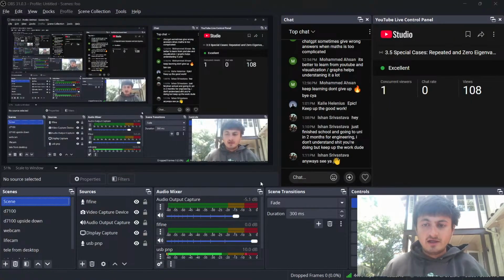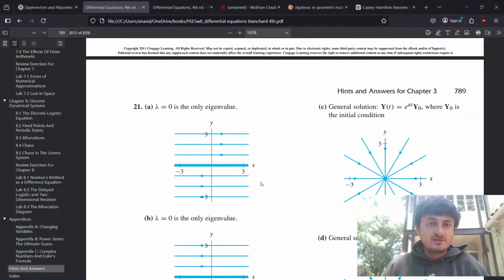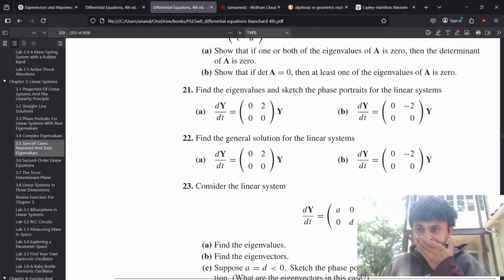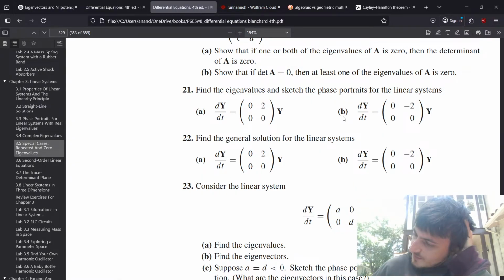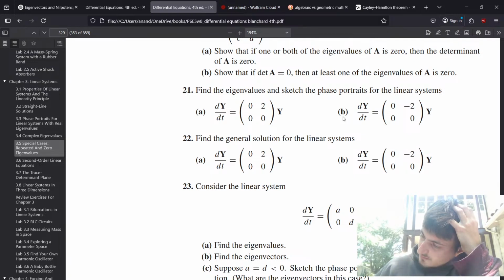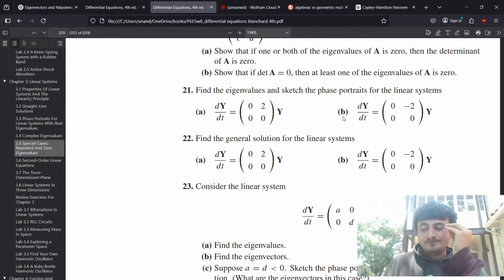Okay, I understand it now, but I did flub it. Now B is just going to be the other way around. For B, it's 0, -2, 0, 0. And it's going to be arrows this way. This way. Okay.